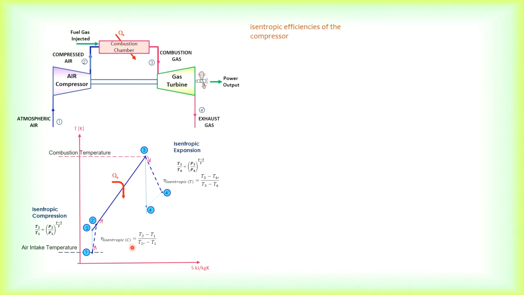They have given us the isentropic efficiency for the compressor, which is 0.82. So T2, which we have found, is 556, and T1 is given as 288. From this we will be able to find our T2 prime, which is 614.83.